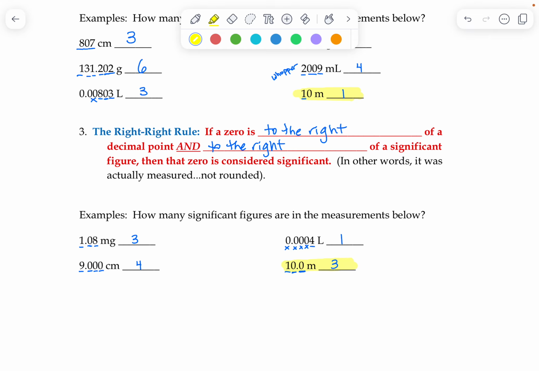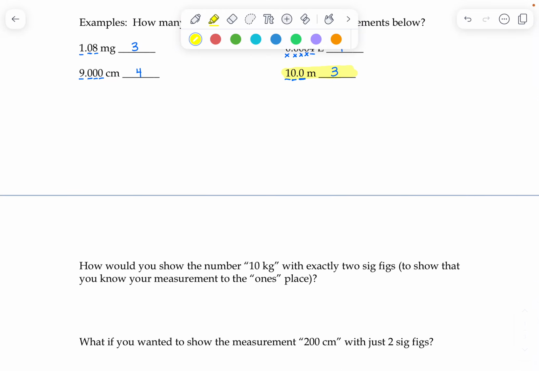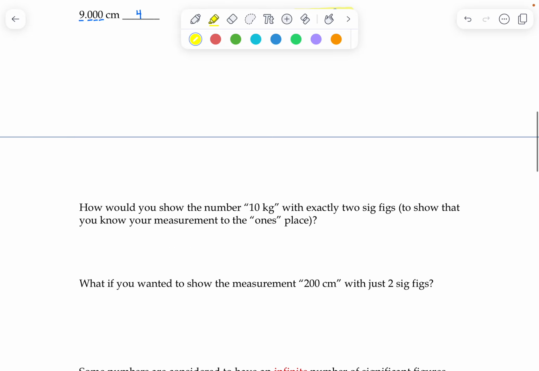So is there a way to show the number 10 with two sig figs to show that you're guessing on the ones place when you're making your measurement? So if the number 10 just has one sig fig and 10.0 has three sig figs, how do you get in between 10 and 10.0?